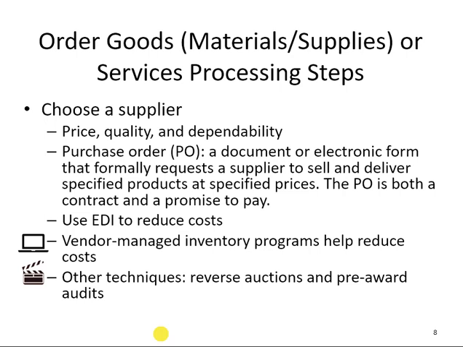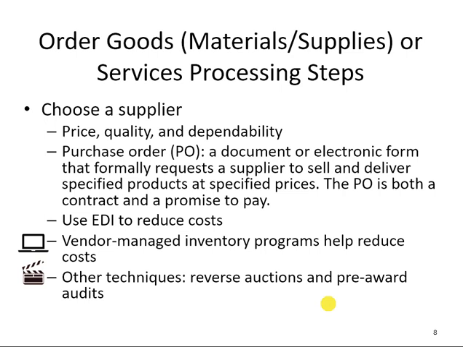Okay, and other techniques that help us reduce cost or improve quality. We have reverse auctions. So in this case, we let the suppliers bid. Usually we pick the supplier who gives the lowest price, but we also pay attention to their quality and dependability.